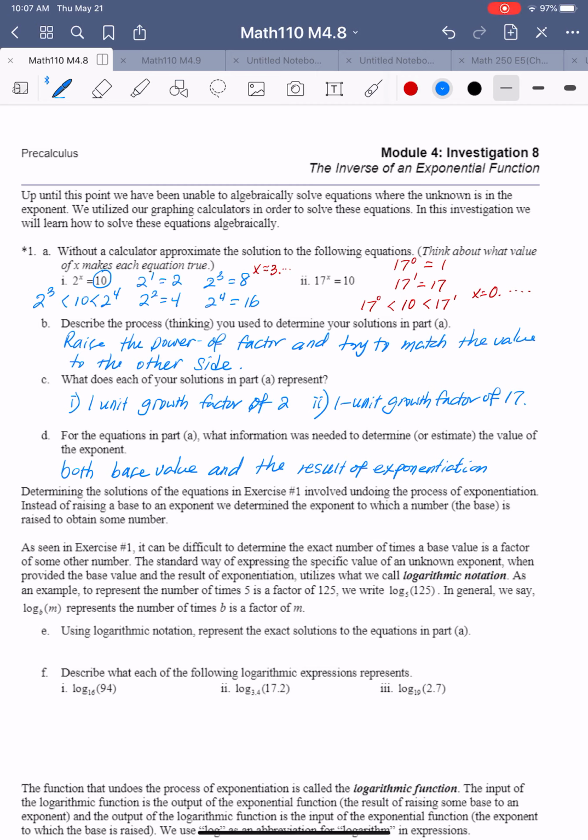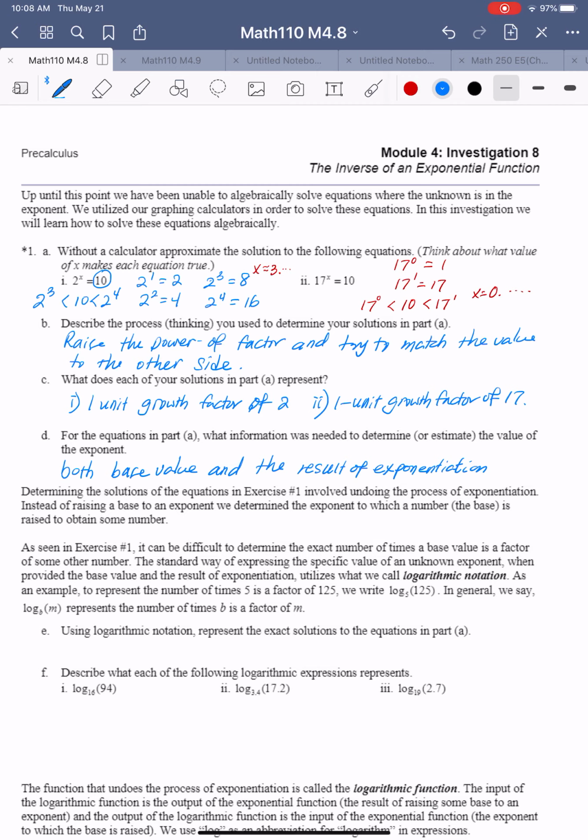As seen in exercise 1, it can be difficult to determine the exact number of times a base value is a factor of some other number. The standard way of expressing the specific value of the unknown exponent, when given the base value and the result of the exponentiation, utilizes what we call logarithmic notation.